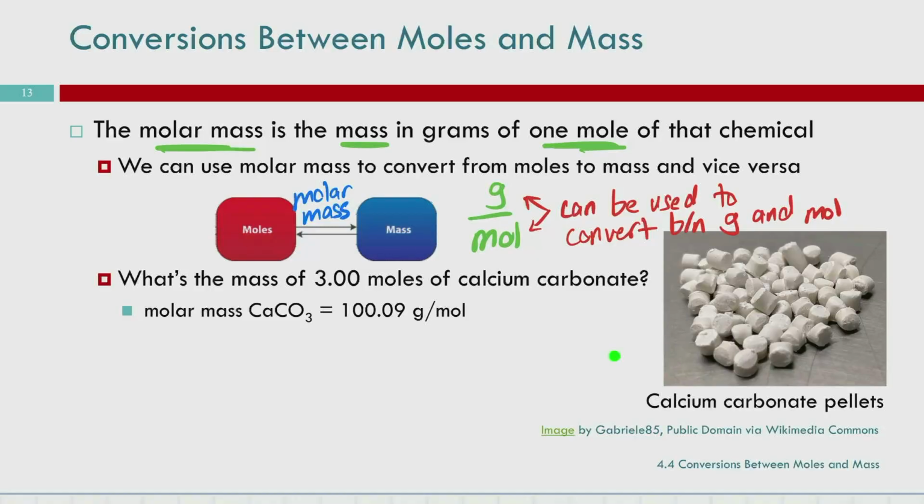Let's say we've got 3 moles of forbidden marshmallows, calcium carbonate pellets. What is that mass? The mass of 3 moles. So we are finding the mass of 3 moles of calcium carbonate, CaCO3. And for this problem, we're even helpfully given the molar mass.